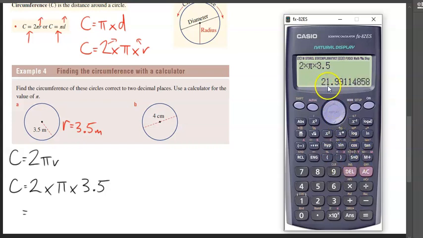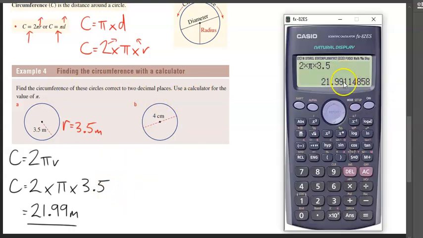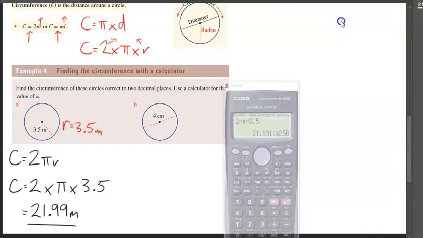And the number that we have here is 21.99, so very close to 22 meters. We have to write the notation of meters afterwards. So all we did was use the relevant formula, plug it into the calculator, and let the calculator do the rest. 21.99 meters is the answer, to 2 decimal places, because the critical digit after the 9 is 1, so that 9 stays the same.